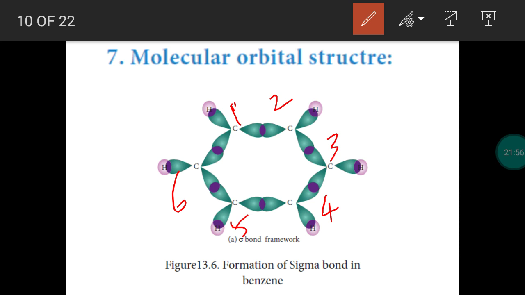You take the first carbon, which is making 3 covalent bonds: one sigma bond with second carbon, one more sigma bond with sixth carbon, one more sigma bond with hydrogen. So these 6 carbon atoms and 6 hydrogen atoms are lying in a plane. So benzene is a planar molecule. All the 6 carbon atoms and all 6 hydrogen atoms are lying in a plane. It is planar in structure. Okay.